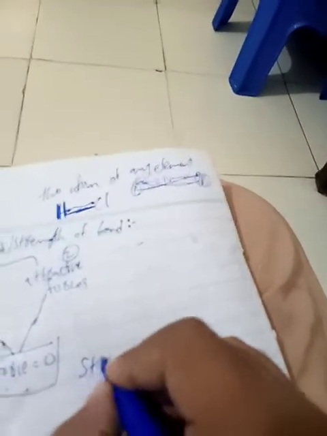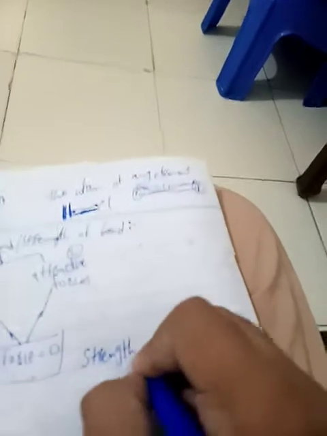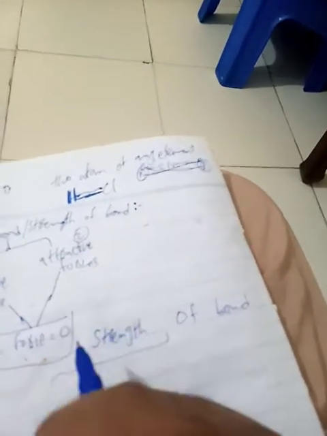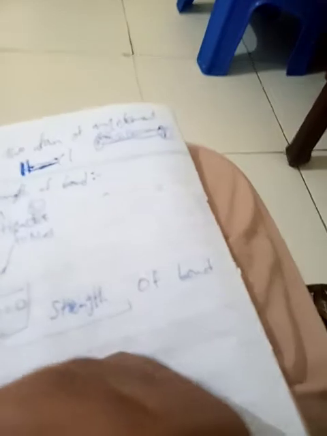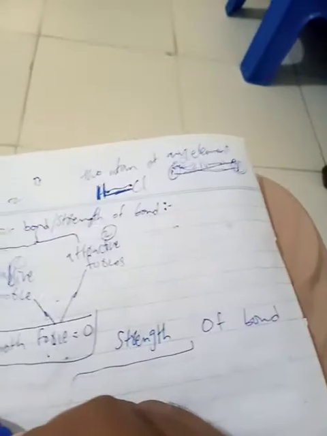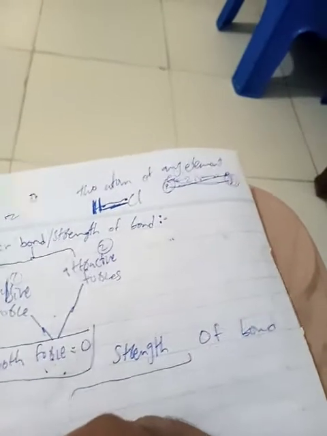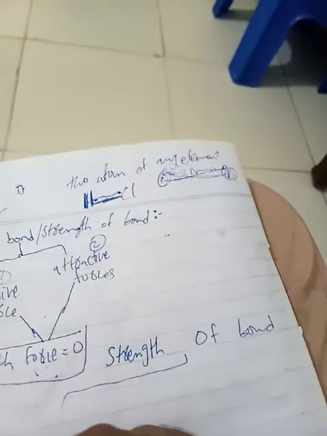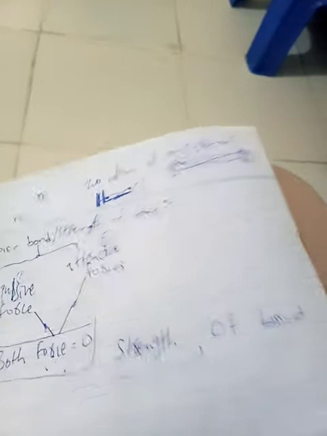But now let's look at the strength of bond. There are two major effects on the strength of bond, and another effect is also there, but we don't count it as major, because it happens only in some atoms.